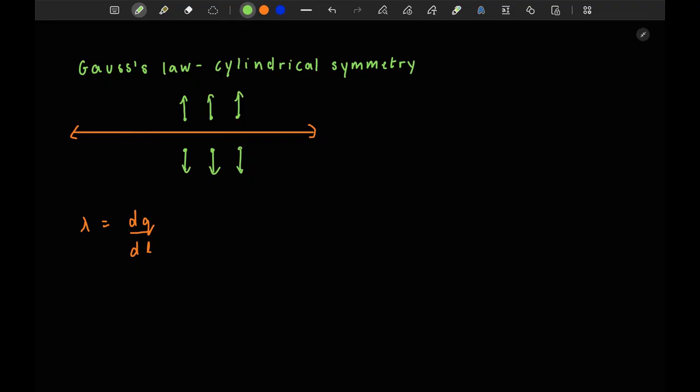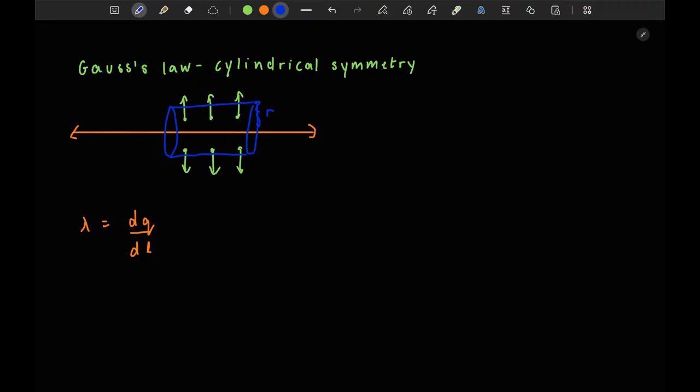Moreover, we expect the electric field to be a fixed value when we are at a fixed radial distance r from our long wire. And for that reason, I'm going to propose that a surface which takes advantage of our symmetry would be a closed cylinder, centered on our wire, a distance r away.